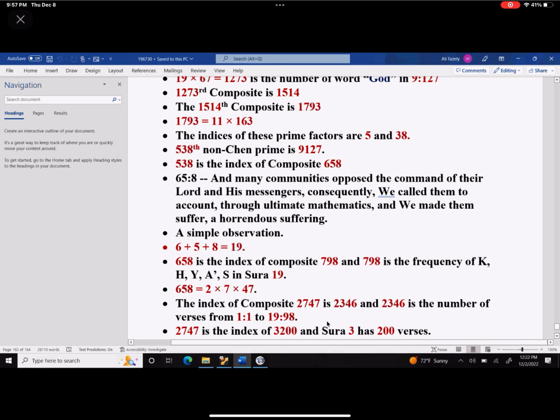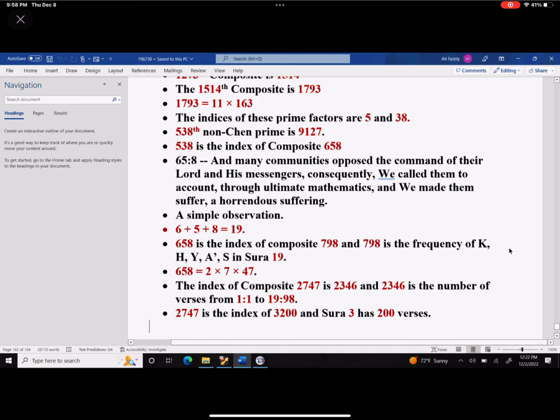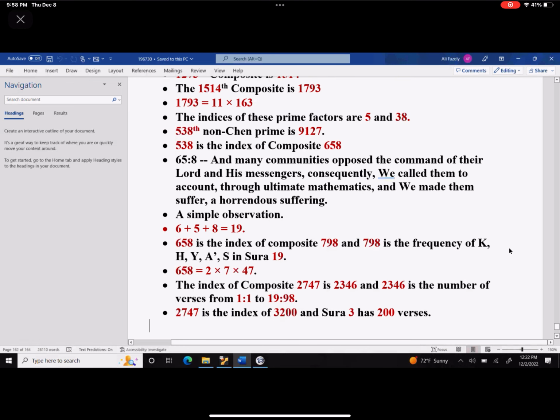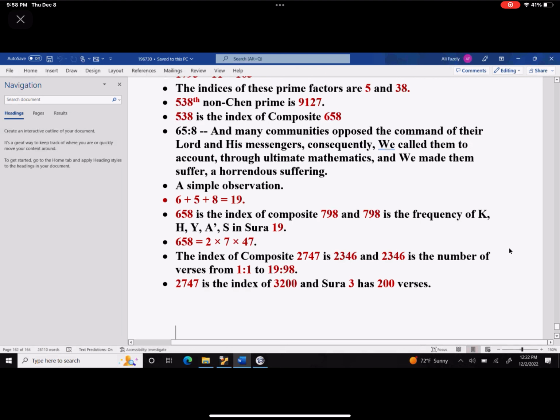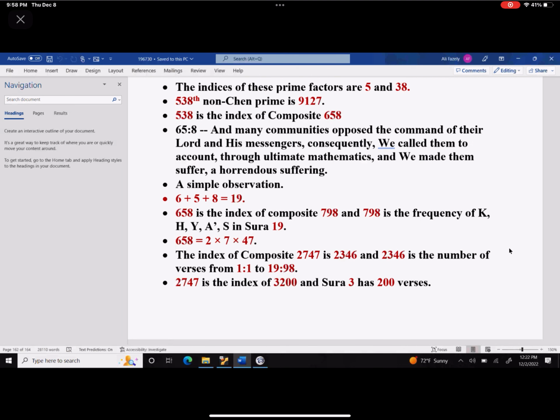The index of composite 2747 is 2346, and 2346 is the number of verses from 11 to 1998. 2747 is the index of composite 3200, and Surah 3 has 200 verses.